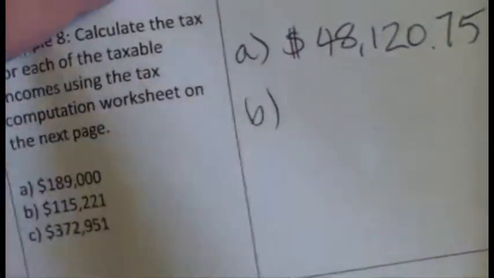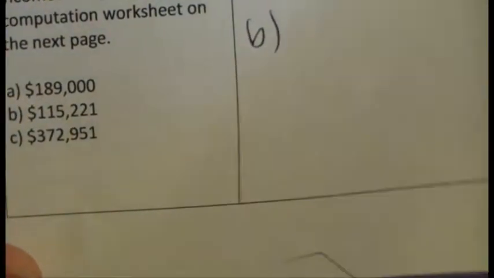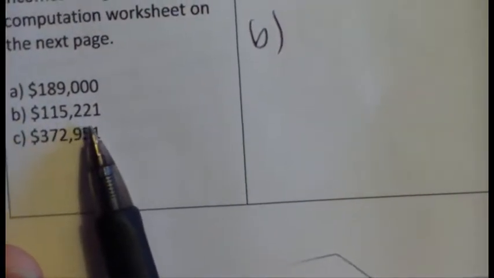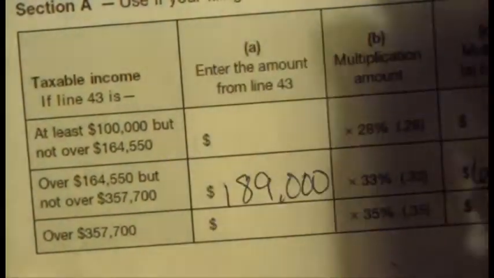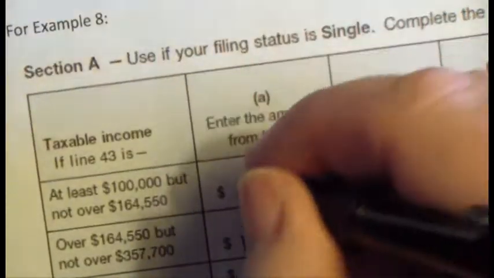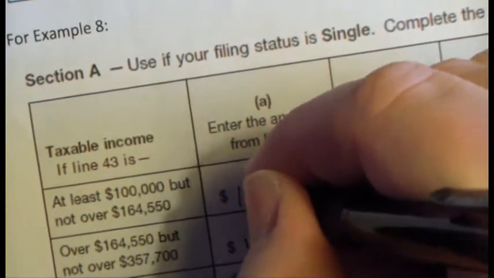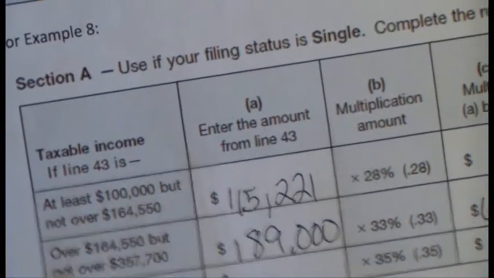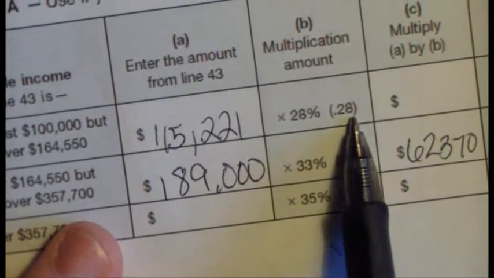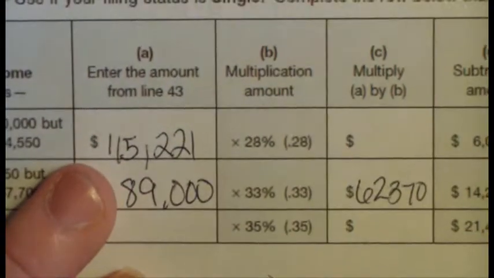All right, part B, our taxable income, $115,221. So that's going to go in this first row in our tax table. So column A was $115,221. All right, so for this one, our tax rate is 28%, so we're going to multiply by 0.28.